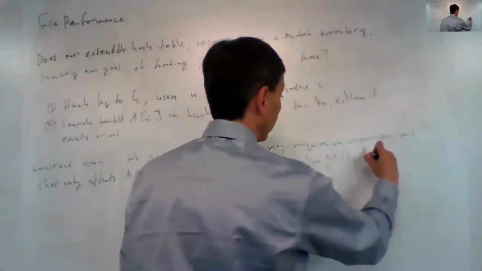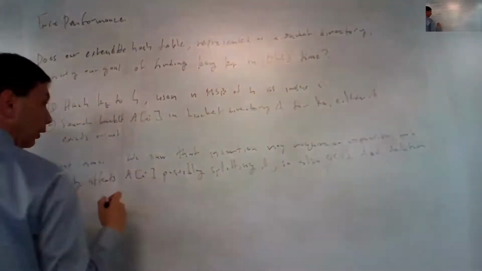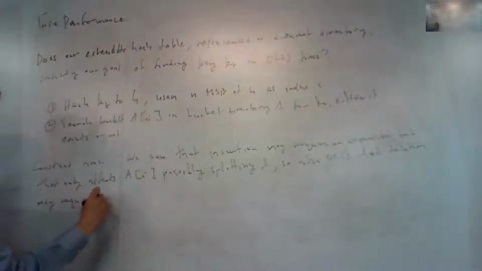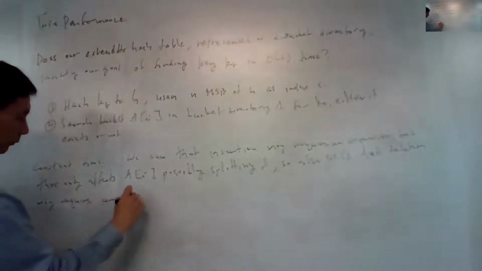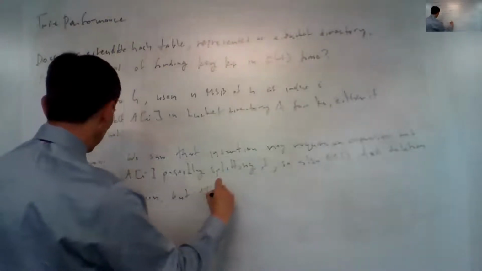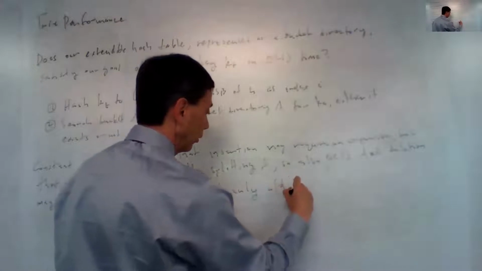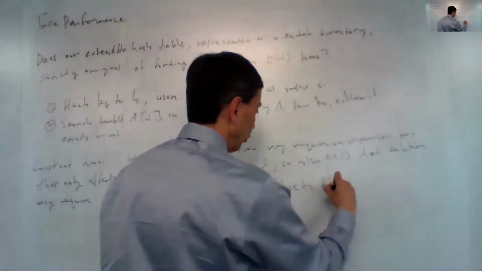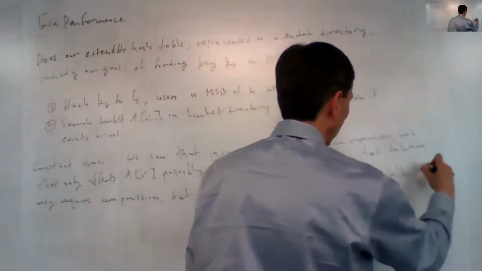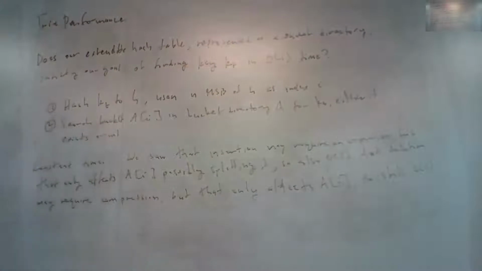And deletion may require compression, but that only affects, again, A sub i, so still order 1. Okay, so at least in this scenario, we're getting constant time performance.